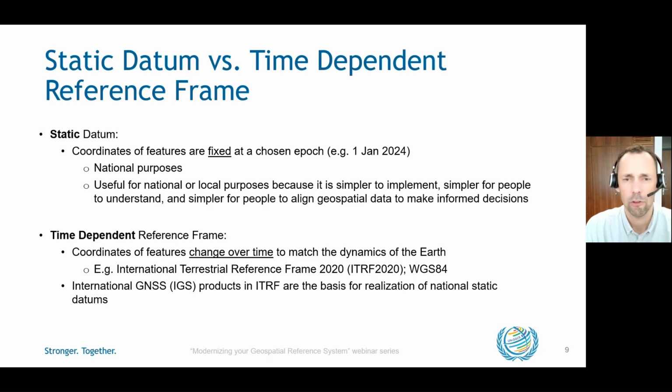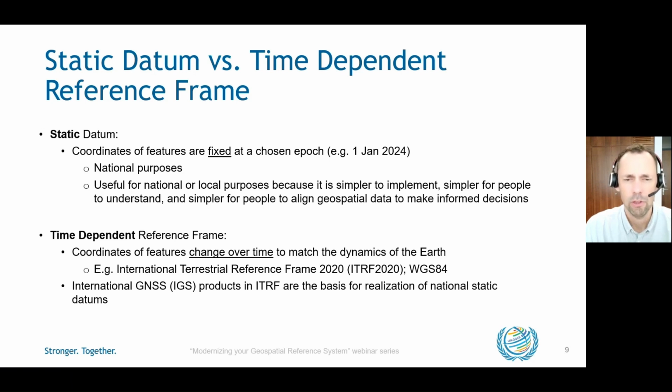For example, as we discussed in the last webinar, the Australian tectonic plate moves at 7 cm per year to the northeast. This means over the course of 5 years, the difference in the definition of a property boundary in a static datum and a time-dependent reference frame like the ITRF 2020 will be approximately 35 centimeters.